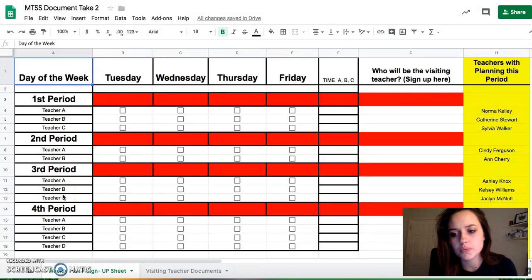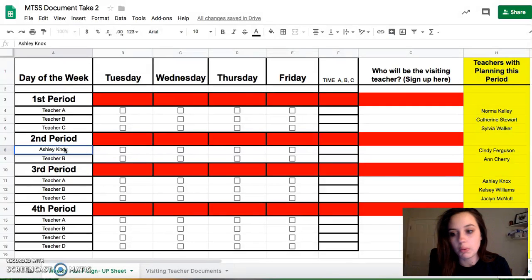So for example, I have third period planning. So if I wanted help during second period, I will go to that second period tab, and where it says teacher A, I would replace teacher A with my name.